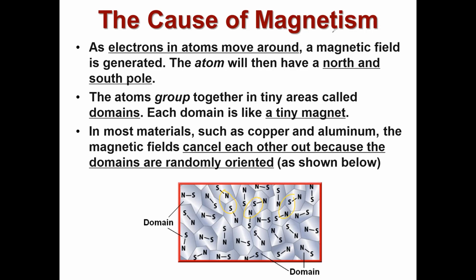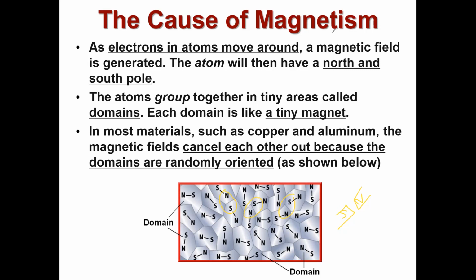Now, all of us know that if we bring the magnet and put it beside a copper or beside an aluminium, the atoms of the copper, with their north and south like this, cancel each other, because they are randomly oriented.